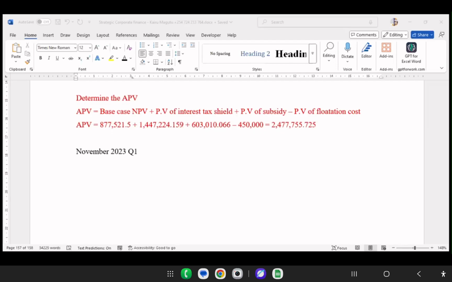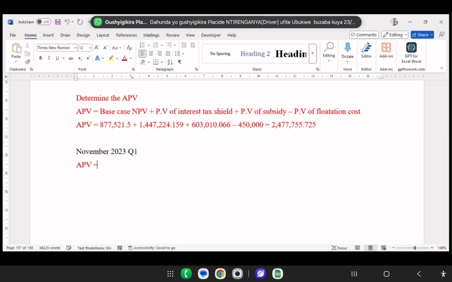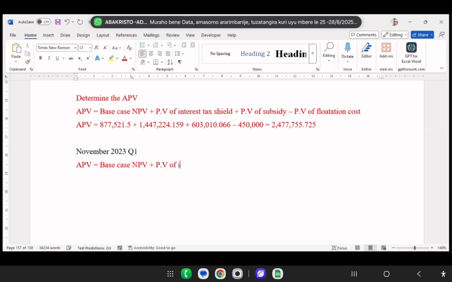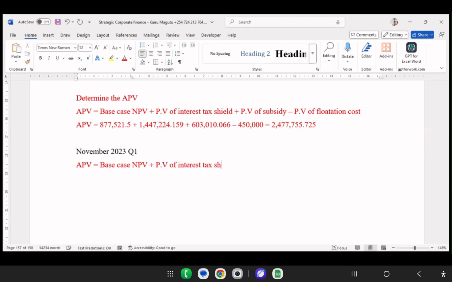We say that adjusted PV is equal to base case NPV plus present value of interest tax shield plus the present value of subsidy, minus the present value of flotation cost.